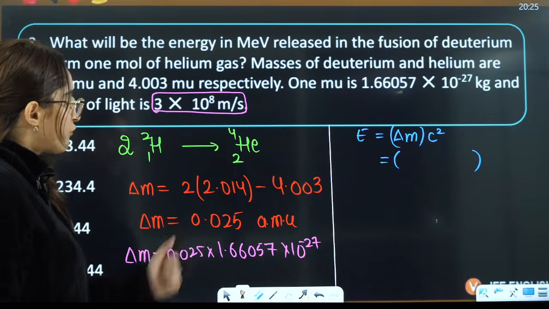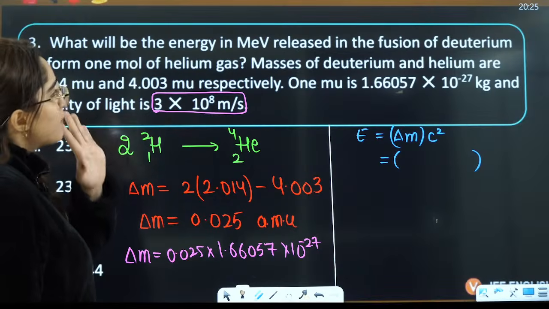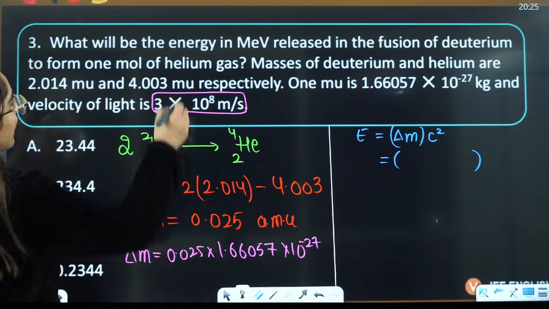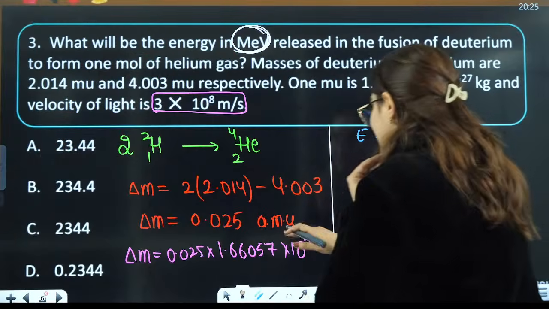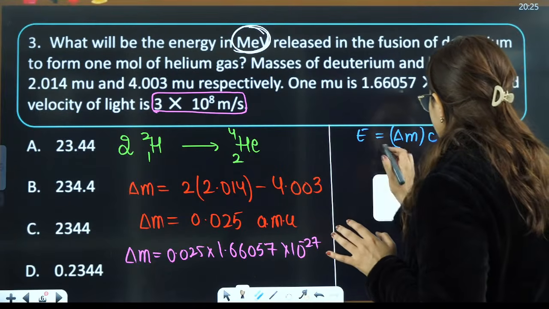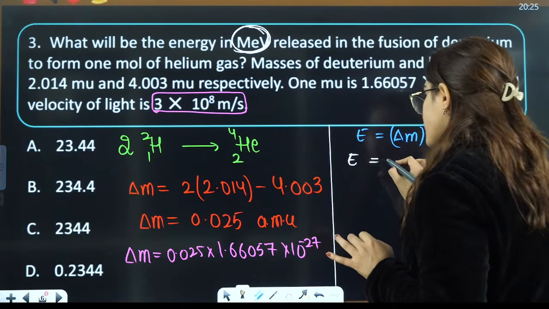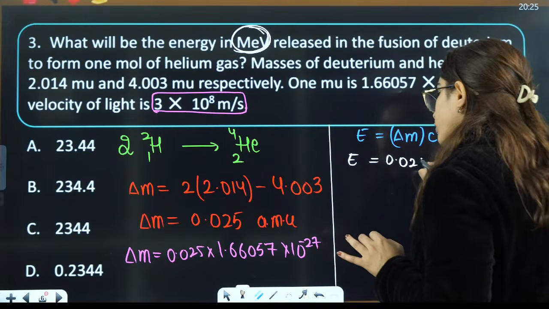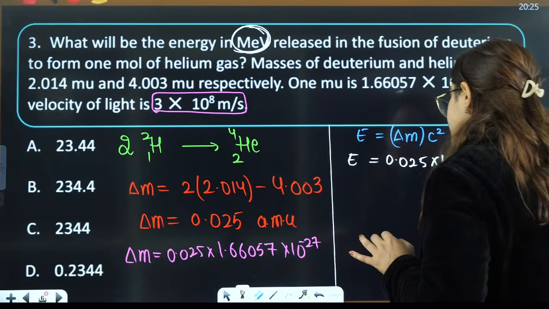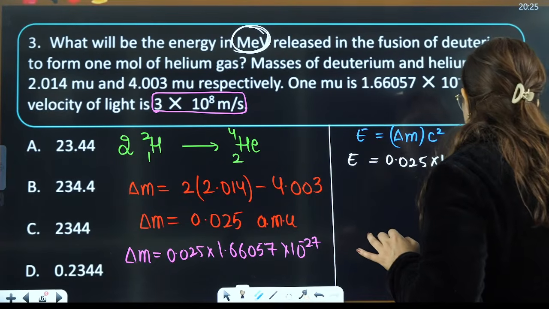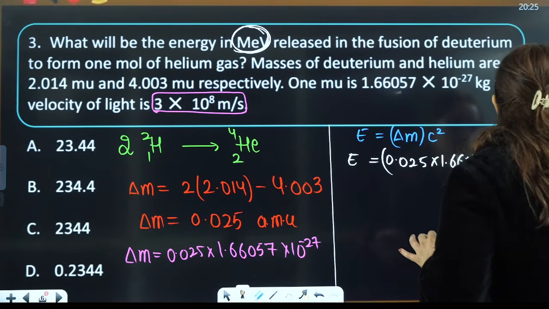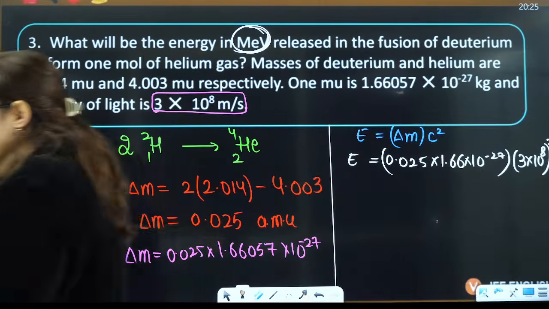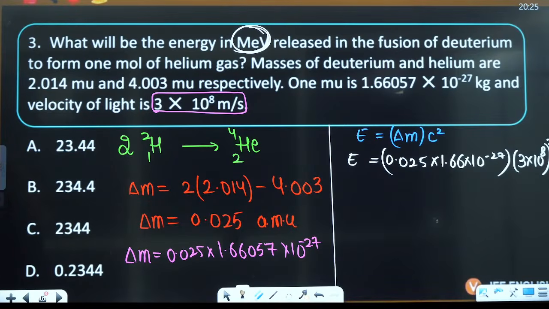Now that is the value of delta M. The answer will be in kilogram, but they are asking in MeV. So E is equal to 0.025 into 1.66 into 10 raised to power minus 27, times 3 into 10 raised to power 8, whole squared.